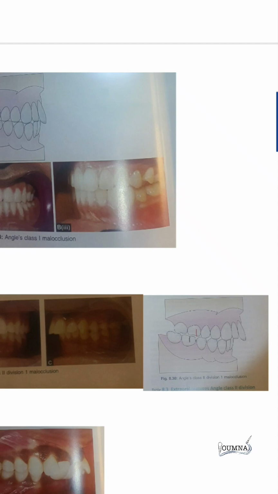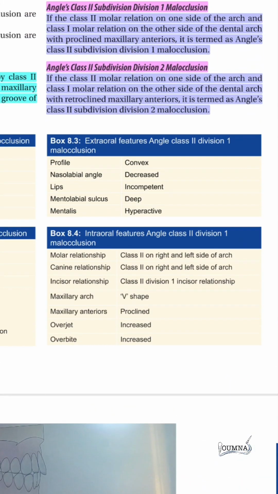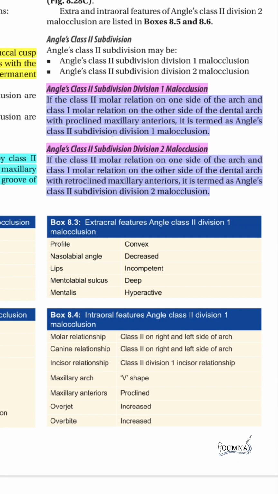The subdivisions consider the incisal relationship. If the maxillary anteriors are proclined, we call it subdivision 1 of Angle's class 2. If we have a class 1 relationship on one side and a class 2 on the other, it is all still considered Angle's class 2 subdivision 1.